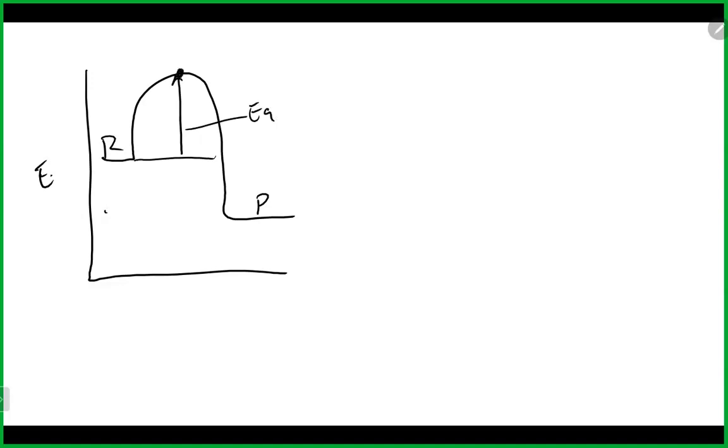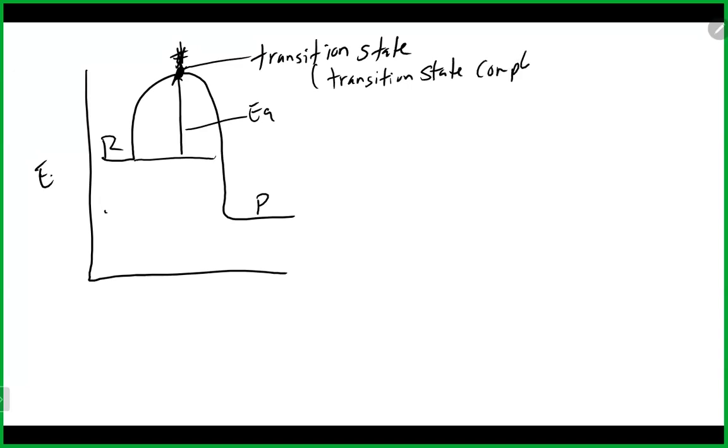Right here at the very peak of that hill, at the highest point in terms of energy, is what is known as the transition state. And right at that point, we actually have something that is sometimes referred to as the transition state complex. Activated complex is also sometimes used.